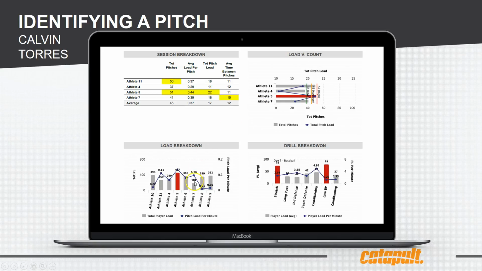And we do the same philosophy looking at load and drill breakdown, and that gets back to the 3 R's, where we're looking at not only readiness and where they're peaking, but risk. If they've elevated and increased for the last 3 days in a row, well, that might be an issue, and we can identify that in the system and flag it, and that's where it gets into asking more and more questions and understanding what the data is showing us.